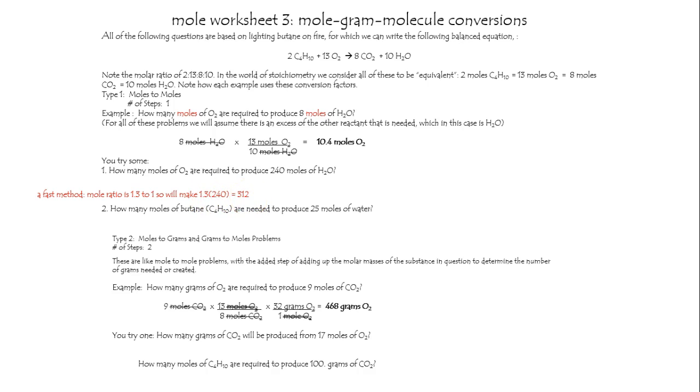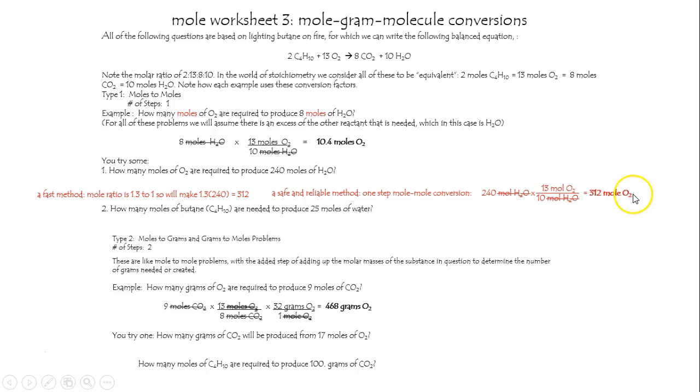If you don't see that, then do it the safe way. Start with what you're given, the 240 moles of water. Recognize that this is a mole to mole conversion, which is a one-stepper. So draw your one line. It's always a good idea to write where you're going to, which would be equals blank moles of O2.